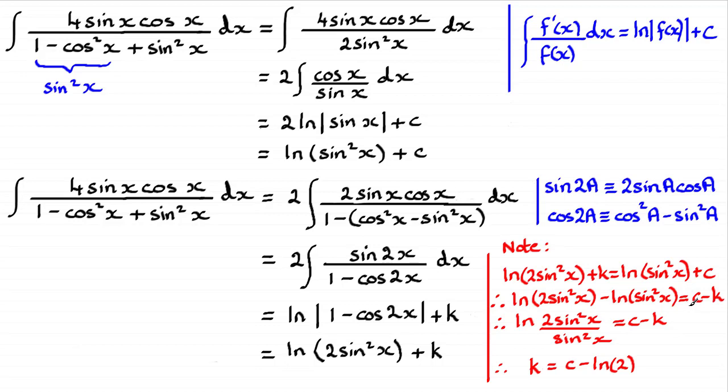And then, using the subtraction rule for logs, I can rewrite this as the natural log of 2 sine squared x all divided by sine squared x, and that's going to equal the difference between the constants c minus k. And then this simplifies, just leaving us with the natural log of 2. So if I make k the subject, k would equal c minus the natural log of 2.